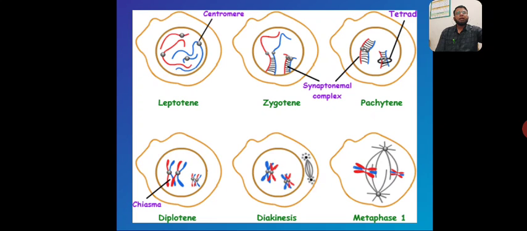And the last one is diakinesis, the last subphase of meiosis first. This last stage is characterized by shortening of the chromosomes and terminalization of chiasmata. Terminalization means they are going to separate from each other, but somewhere they are still attached. The chromosomes are at their most condensed during diakinesis.